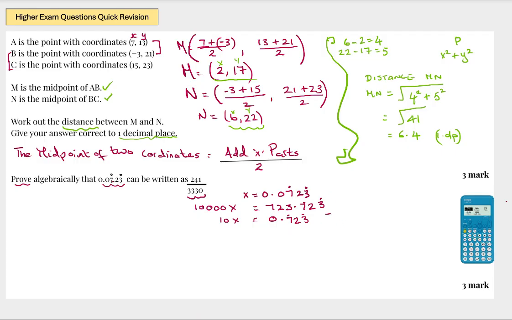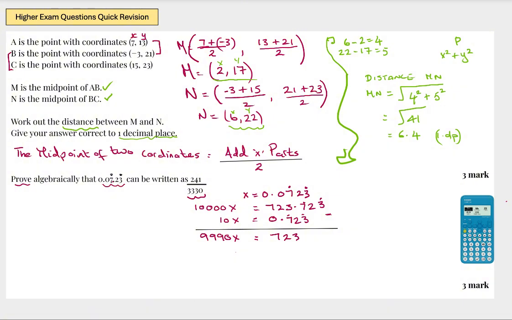So by doing that, I'm going to make it into a subtraction. This is just how I do it. Your teacher might not do it like this, just how I do it. So if I subtract this, so I'm going to get 9,990x here. And here, we have now got rid of our recurring decimals. And we have 723. See, now it's starting to look like this.